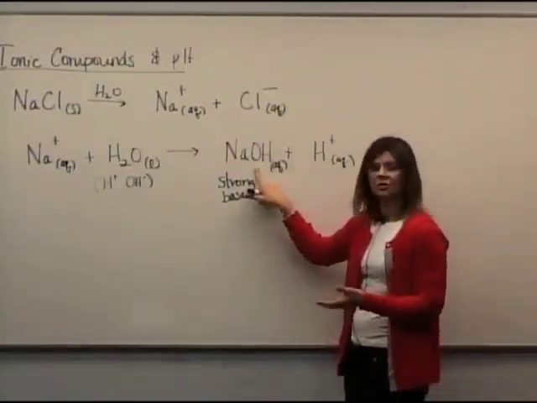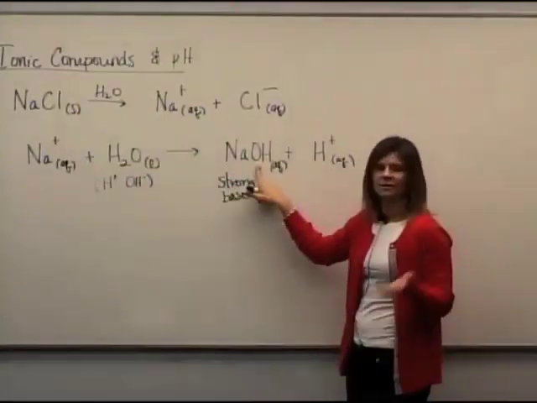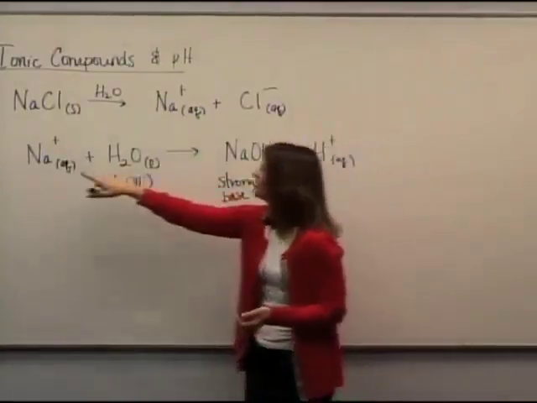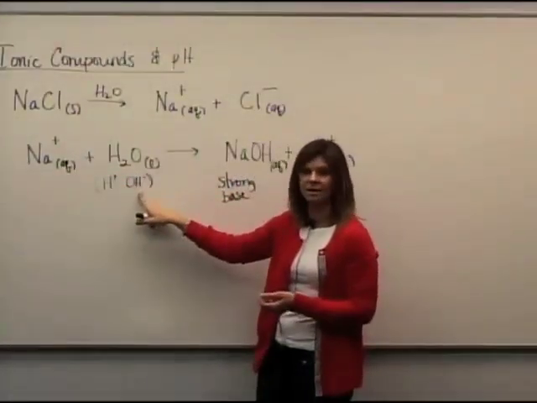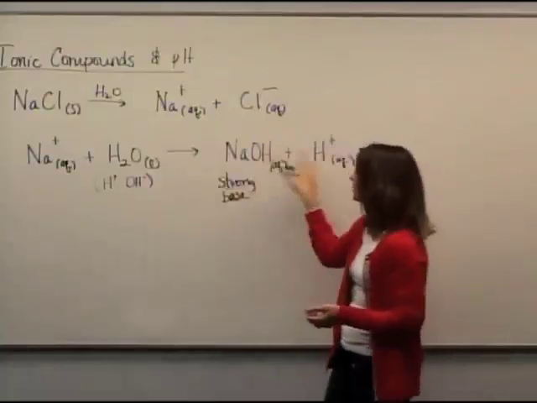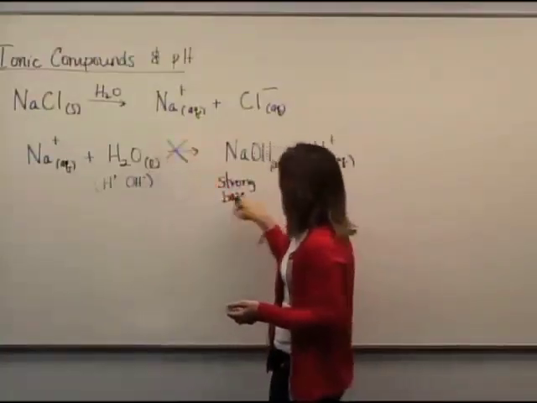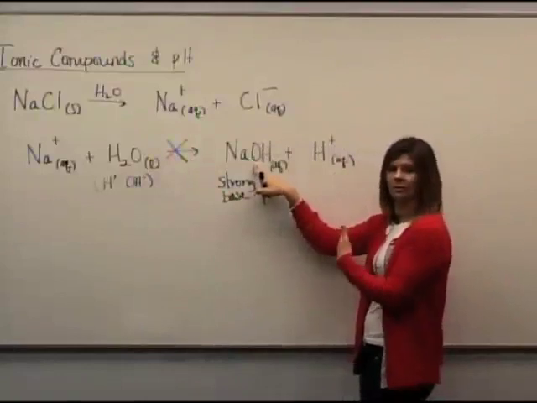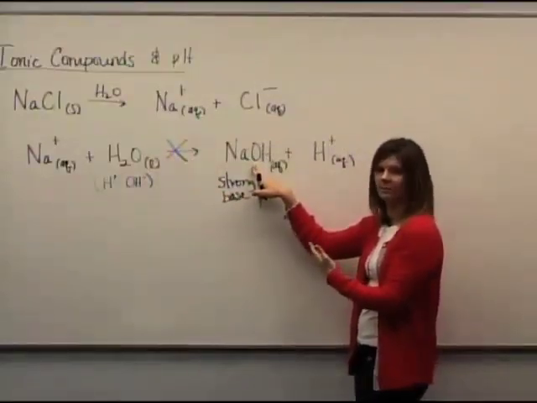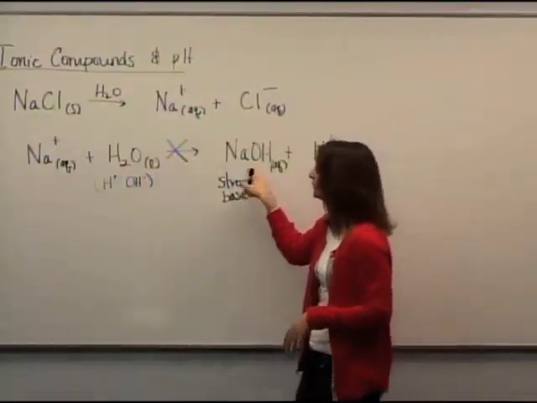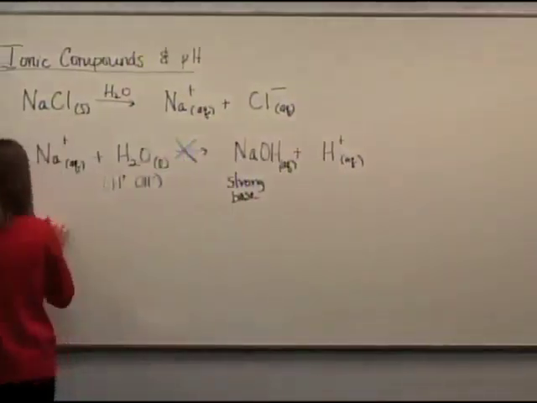So the fact that this is a strong base means these two ions aren't attracted to one another. The sodium won't pull a hydroxide ion away from water, and this reaction won't happen. And that's all because in our predicted products, we've formed a strong base, which we know really isn't going to happen. We can do the same thing with a chloride ion.